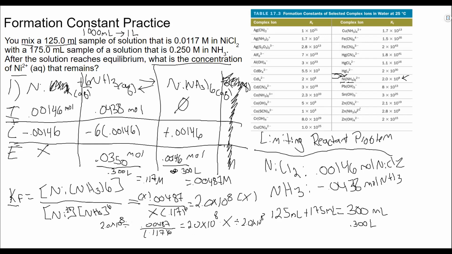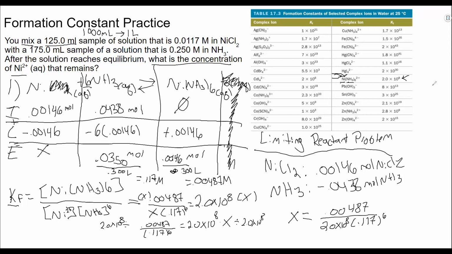Let me erase some of this to give myself some more space. So our equation for x is x equals 0.00487 divided by 2.0 times 10 to the 8th multiplied by 0.117 to the power of 6. That should give us our concentration of nickel.